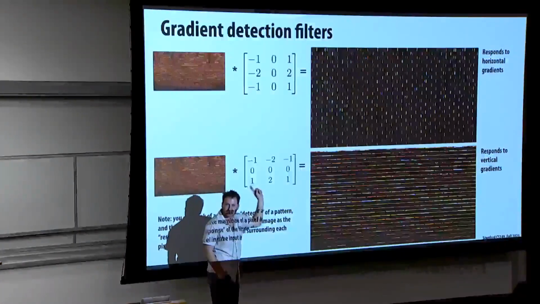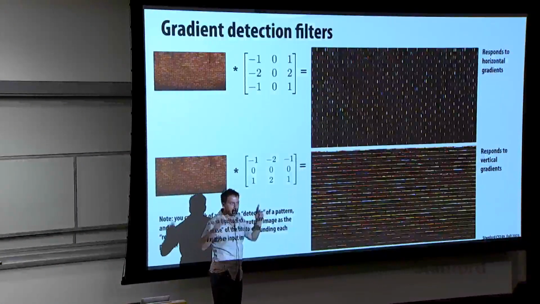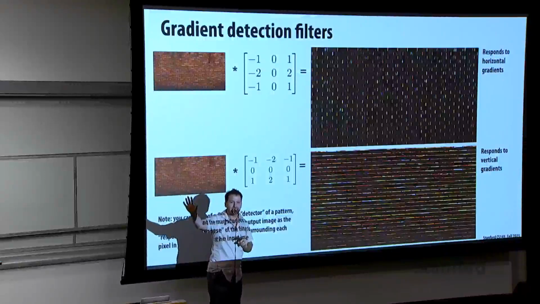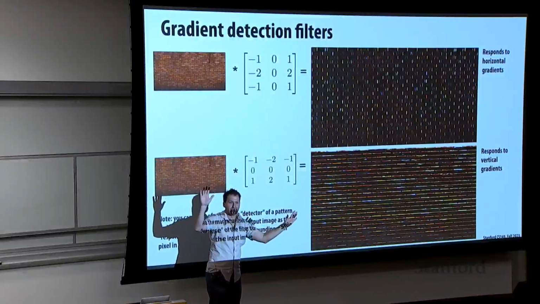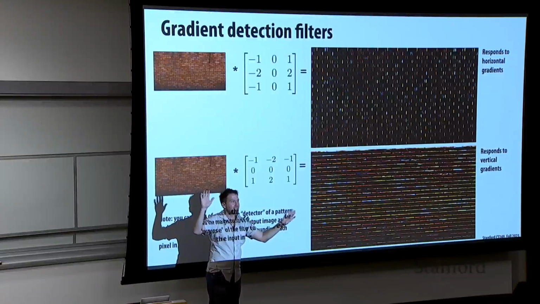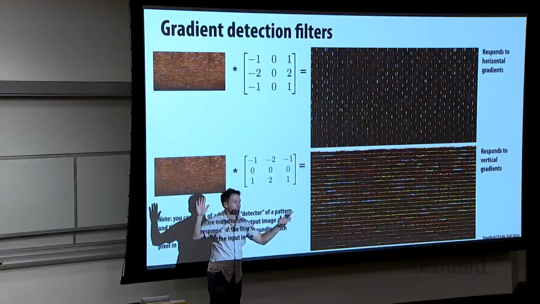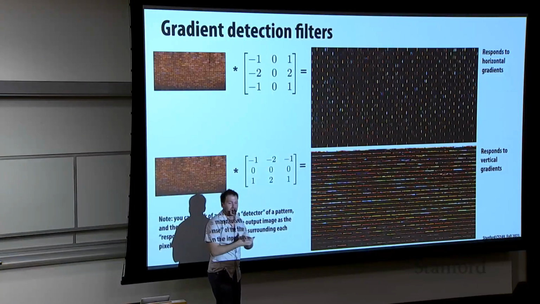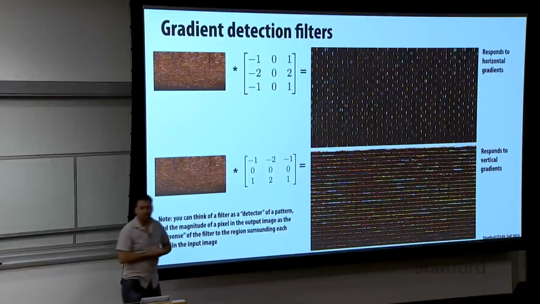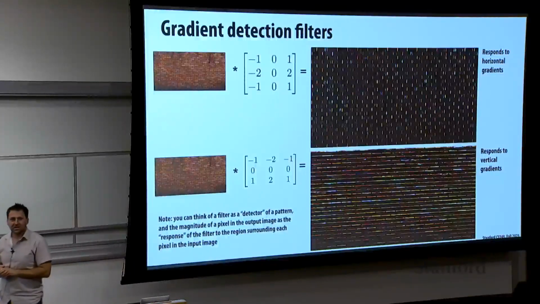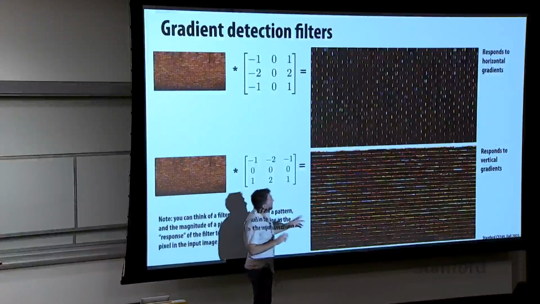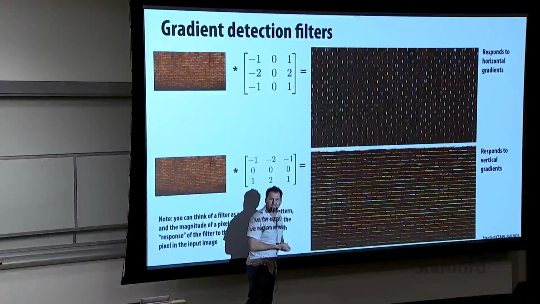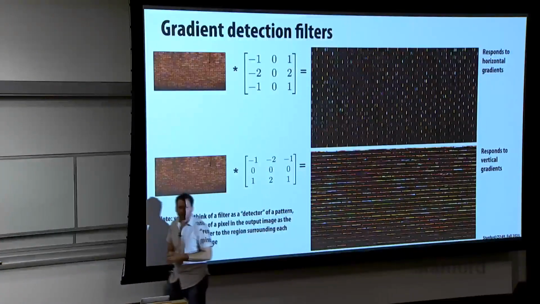Instead of averaging every pixel, it's saying I want some positive scaling times these pixels over here minus the value of these pixels over here. And now all of a sudden, that's a finite difference computation. That's a gradient computation. So with these different weights, my convolution is not blurring the image. It's in fact detecting horizontal gradients, or detecting vertical gradients.